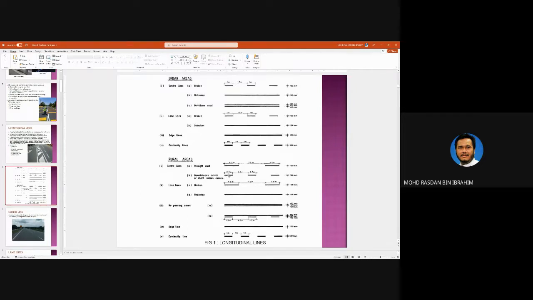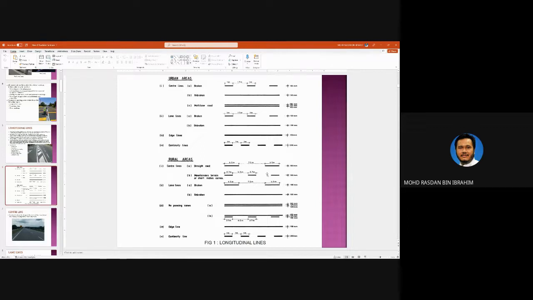You have a 2.7 meter stroke, and the gap is also shorter, 4.5 meters, because it makes it easier for drivers to see the lines. If the gap and the line are too long and the radius is very small, it seems like a straight line because the radius is too small. You cannot see ahead of you. So they shorten the stroke of the lines and reduce the gaps between the lines. And the width stays the same.